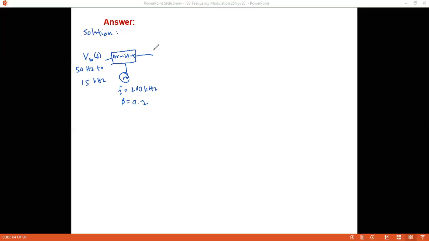Then we have our first multiplier, N1. Then we have our mixer. We have two inputs to our mixer, FLO and another one. And then another multiplier, N2. And here is our wideband FM signal.